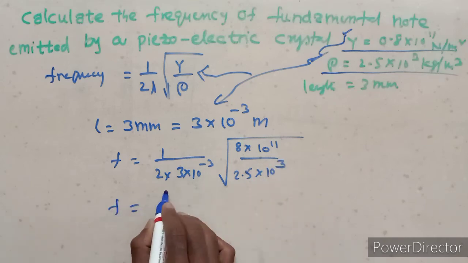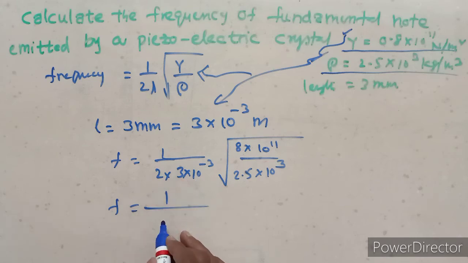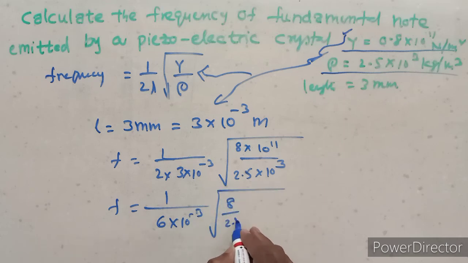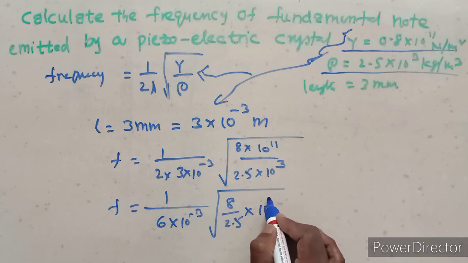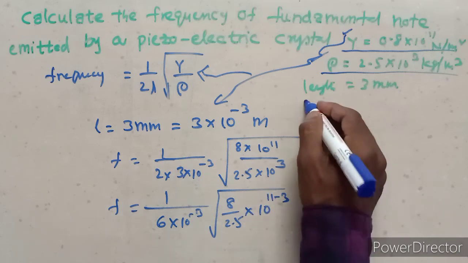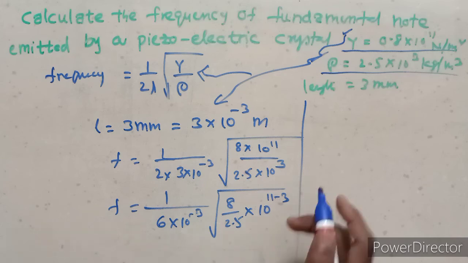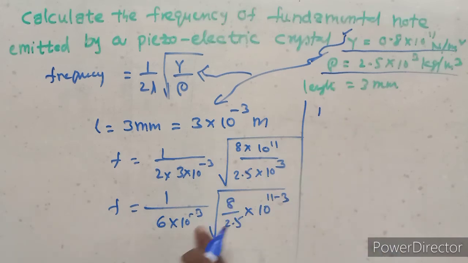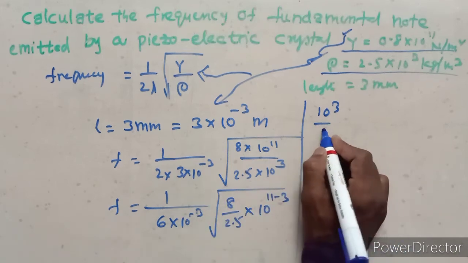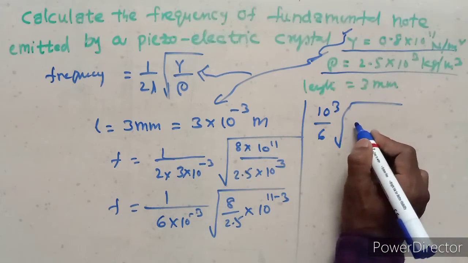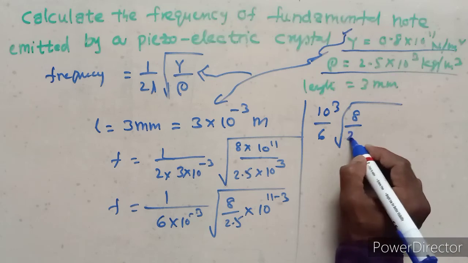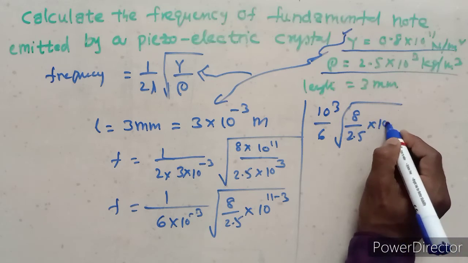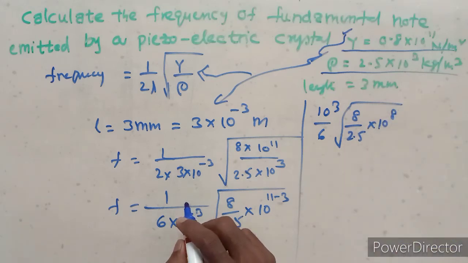So this is the simplification. 2 threes are 6 into 10 to the power of minus 3, under root 8 upon 2.5 into 10 to the power of 8.